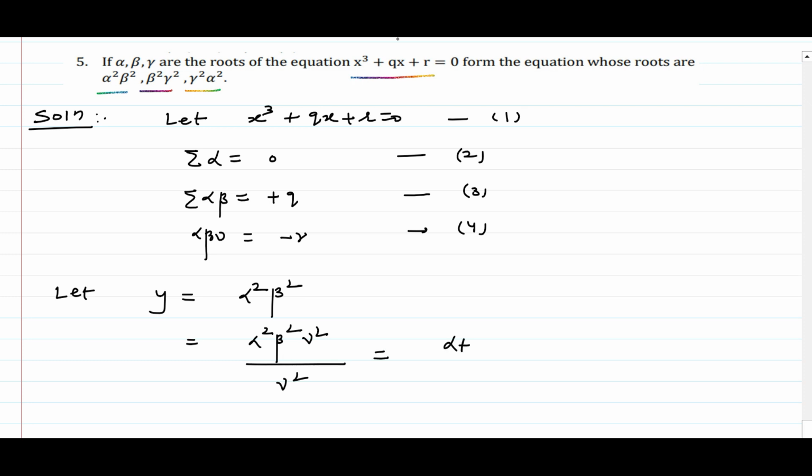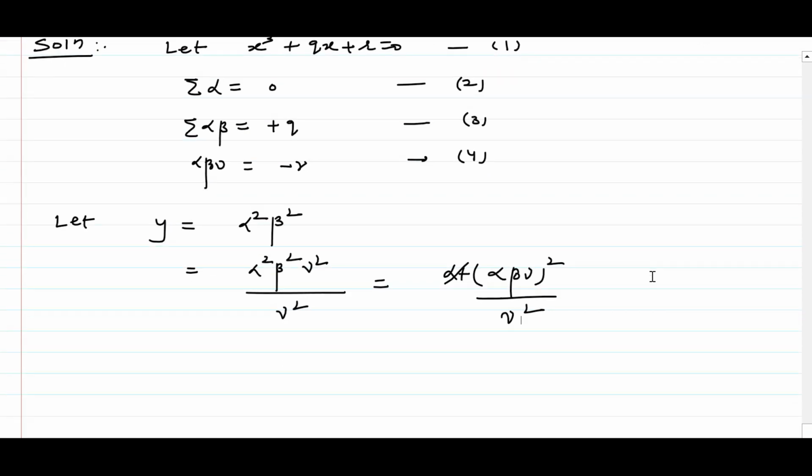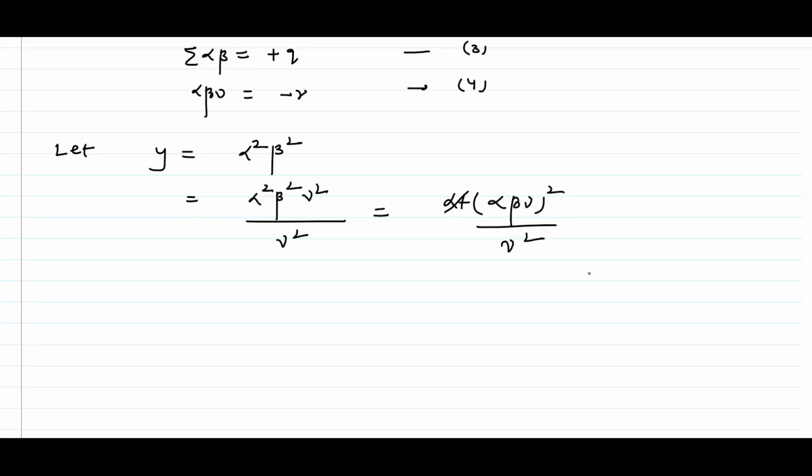This can be written as alpha beta gamma to whole square over gamma square. So now further we can write here, that is y is equal to negative r to whole square upon gamma square. So this value is equal to r square upon gamma square.